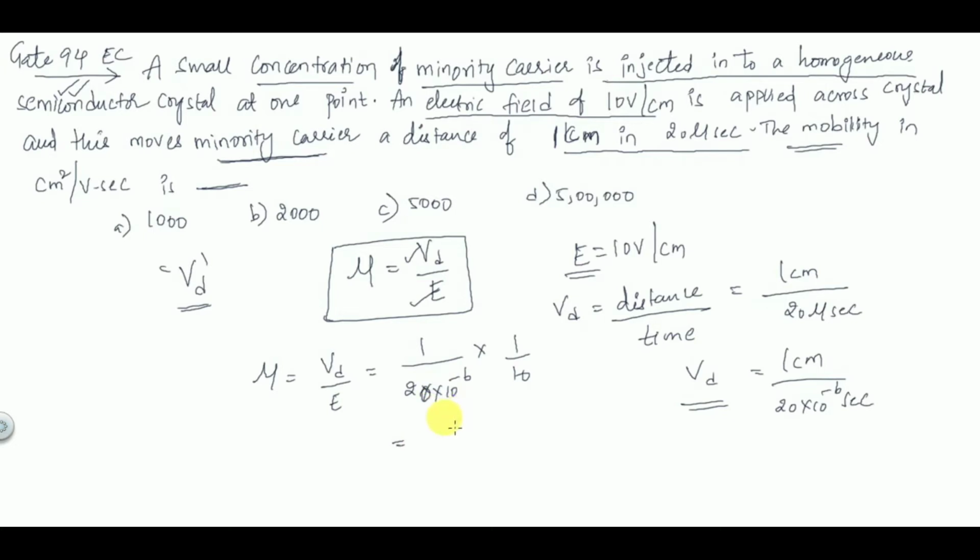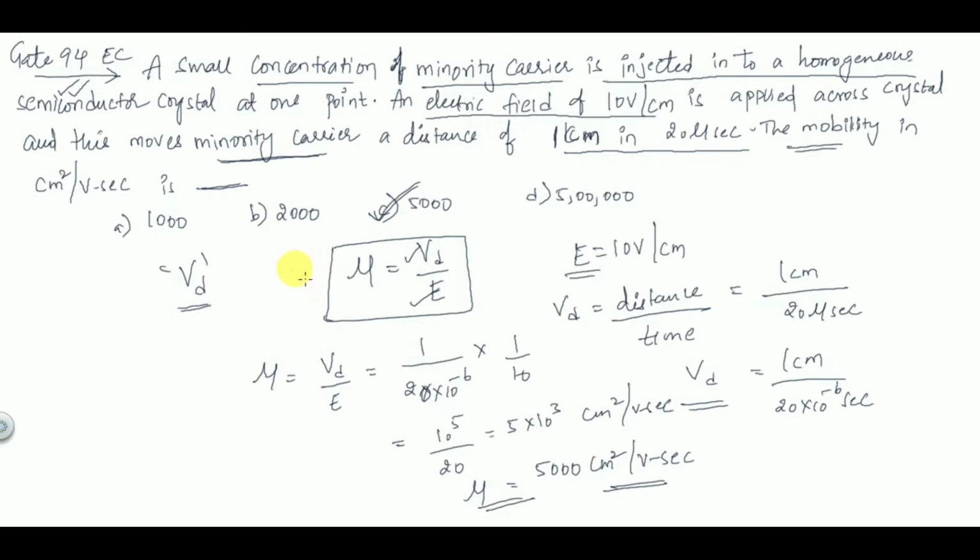So it is 10 to the power of 5 divided by 20, which is 5 into 10 power 3, that is 5000 centimeter square per volt second. So that is your mobility, and the answer is option C.